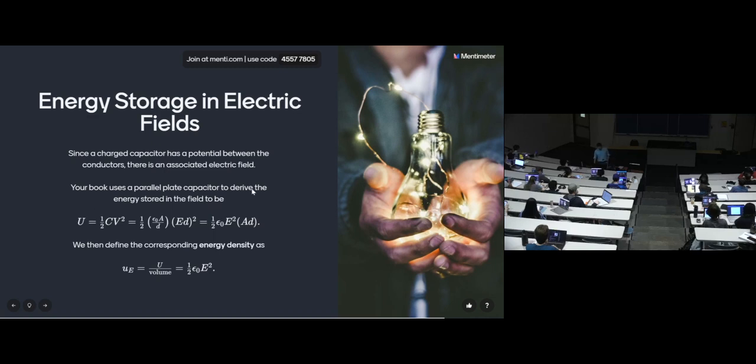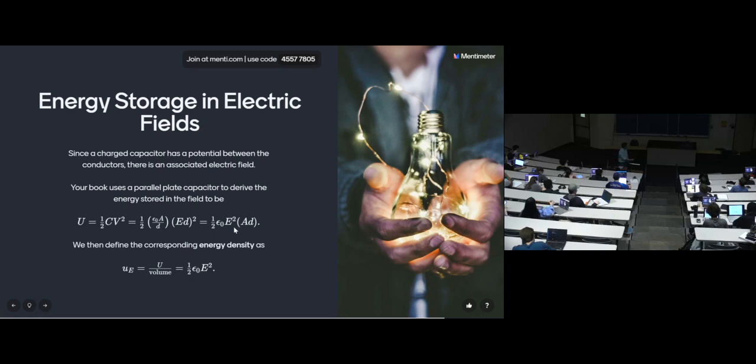And your book uses the parallel plate capacitor to derive the energy stored in the electric field to be U equals 1/2 epsilon naught times E squared times A times D. The interesting thing, as you go further in electromagnetic theory, is that this statement is always true, regardless of where the electric field comes from.